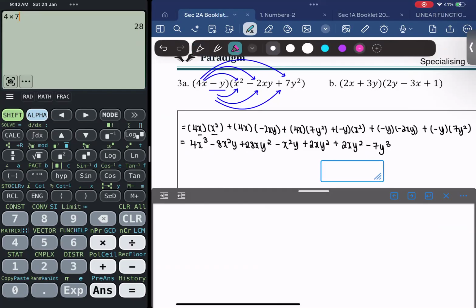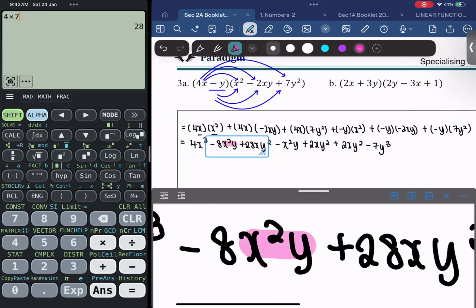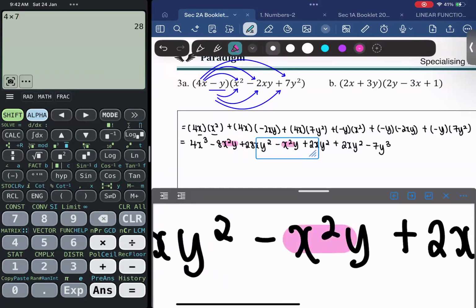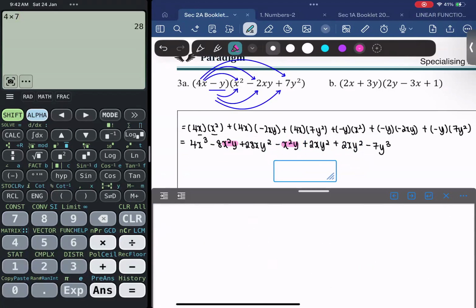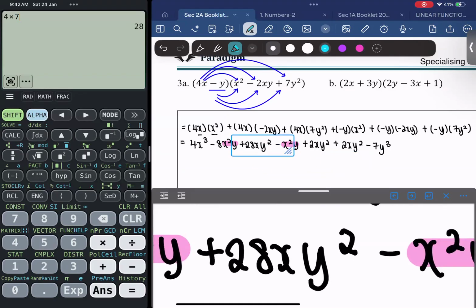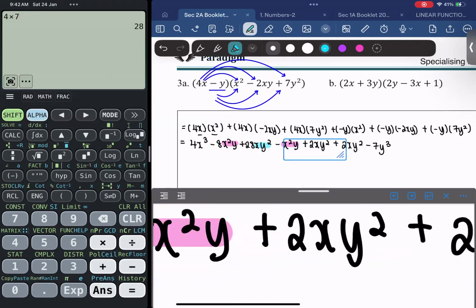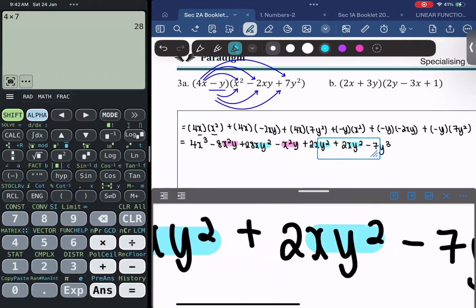Okay, here, do you see that x squared y? And do you see that is x squared y? Anything else? Okay, you see x squared y. You also see xy squared, xy squared, xy squared.